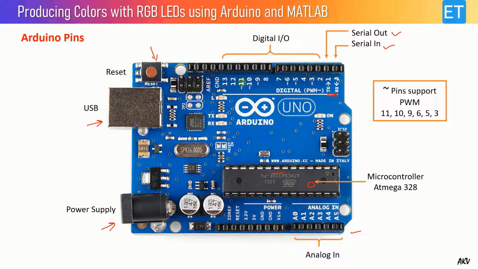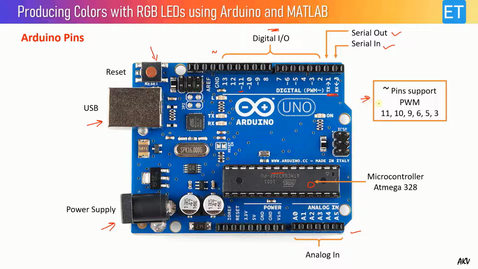And pin number 2 to 13 you can use as digital input output pins. You can configure them, the same pin you can use as input and the same pin you can use as output. And here you can see that a few pins have this tilde symbol along with their numbers, such as 11, 10, 9, 6, 5 and 3.